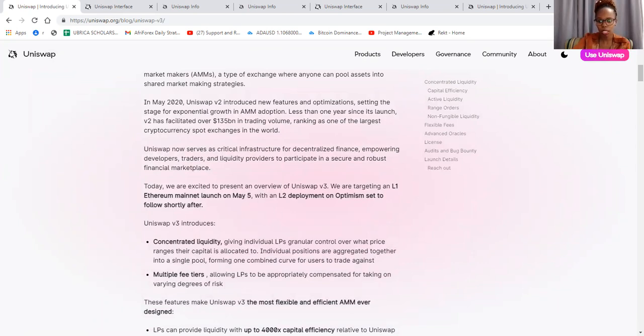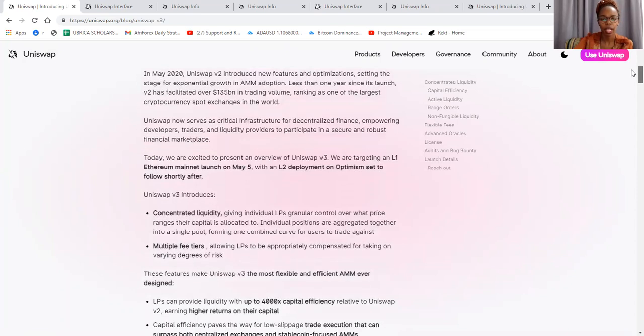So that was like 3 days ago. That is when it was launched. With V3, I'm going to read, because we have about 5 concepts that I want us to go through that affect us as liquidity providers and also as people who intend to provide liquidity in Uniswap V3.